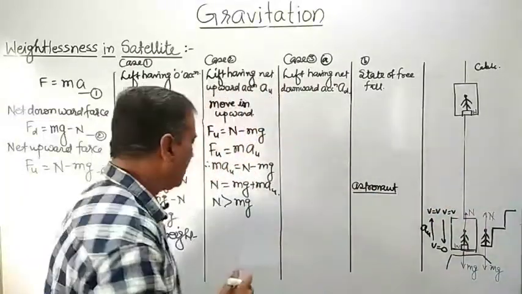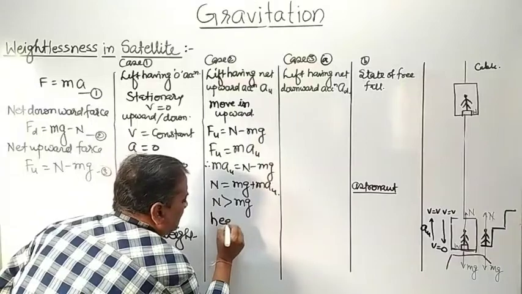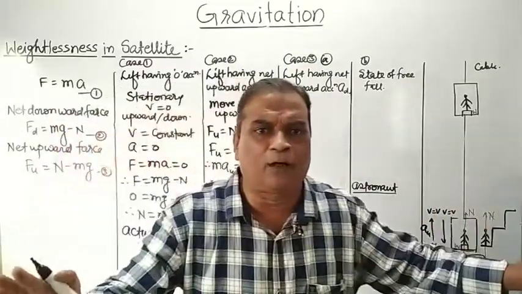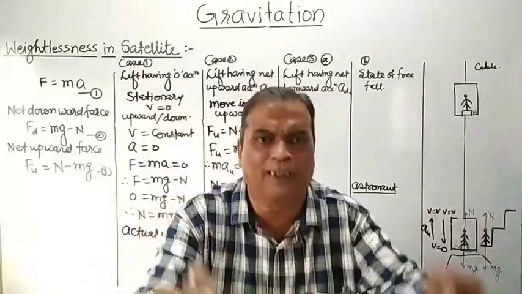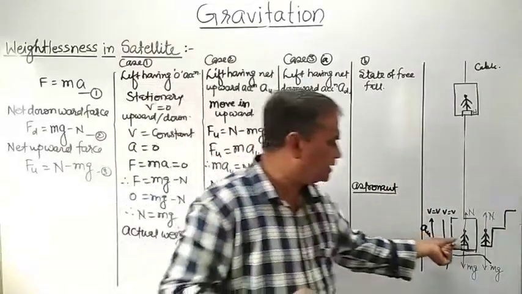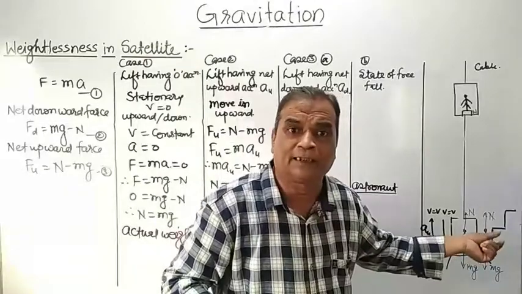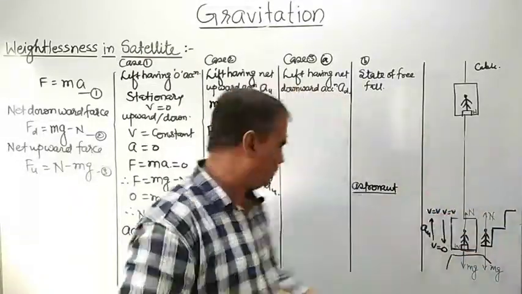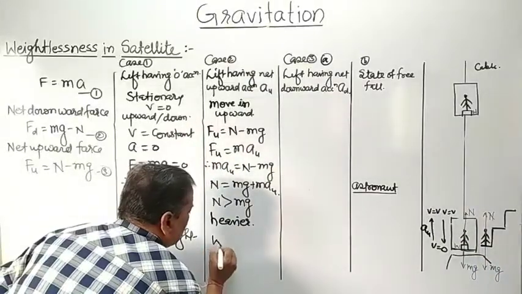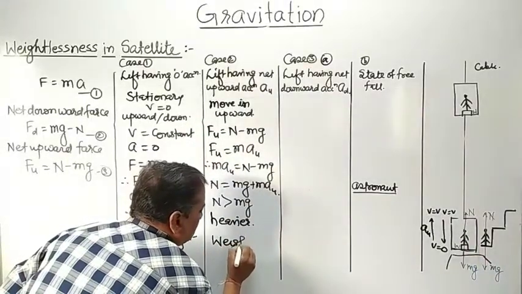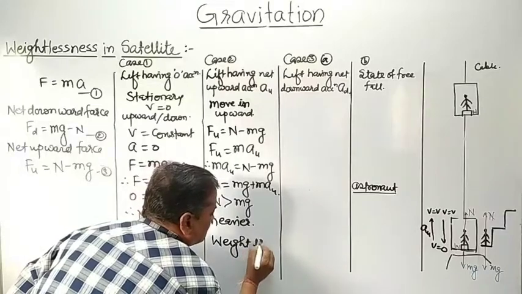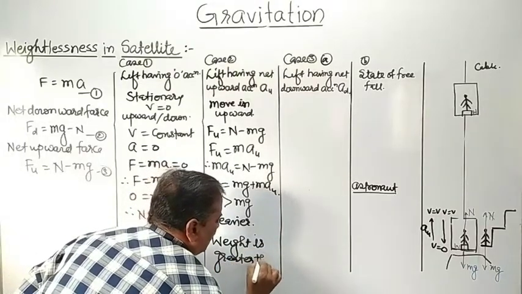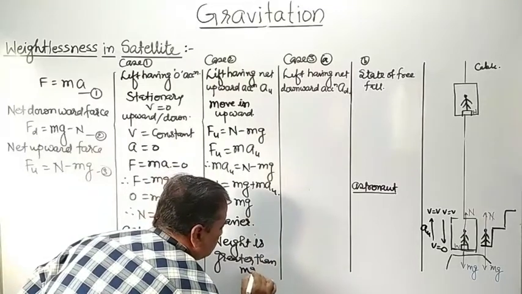That's why the passenger feels heavier. It is not just the apparent feeling of the passenger, it is the actual reading shown by the weighing machine. The weighing machine will record a weight which is greater than the actual weight mg.